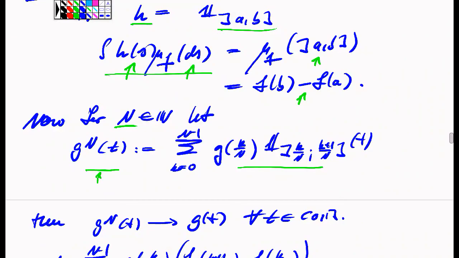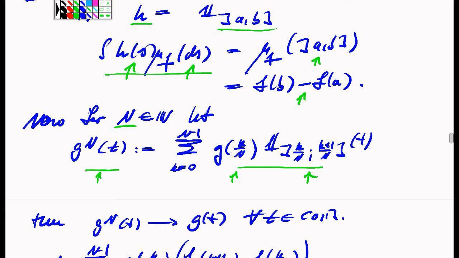In this linear combination, each of the indicator functions of those subintervals is multiplied with the value of the g function, which is the function which should be integrated. Again, it should be integrated with regards to the f function.